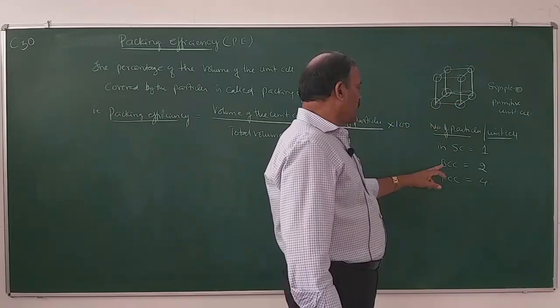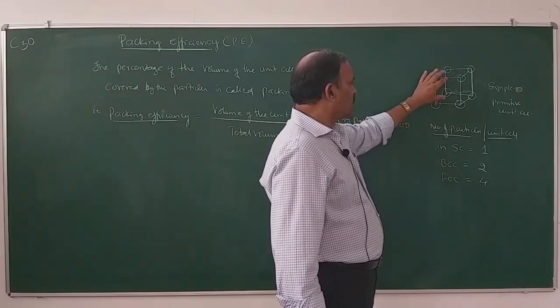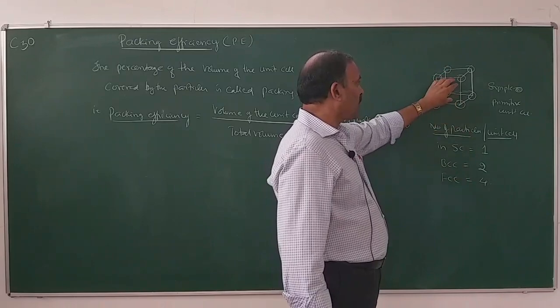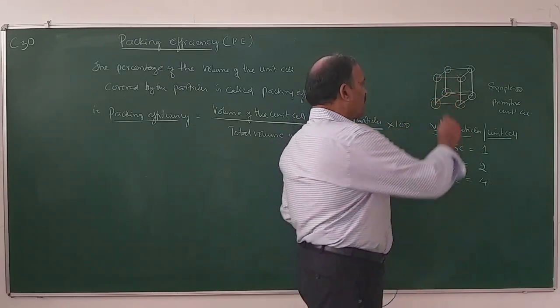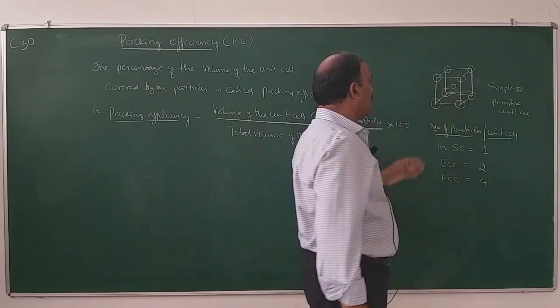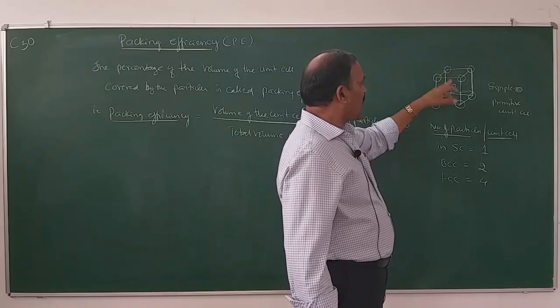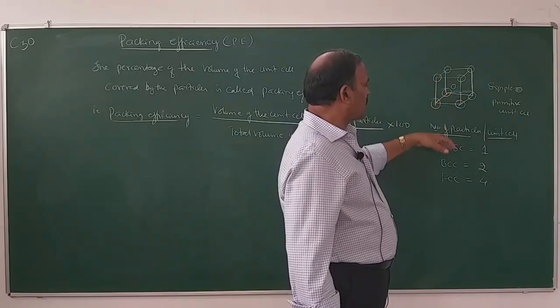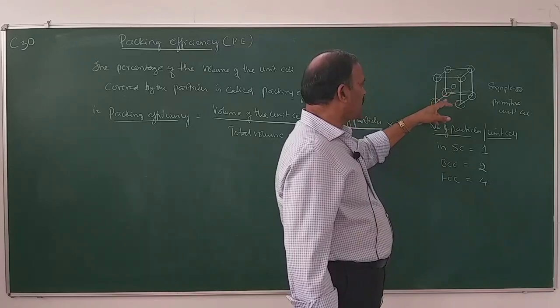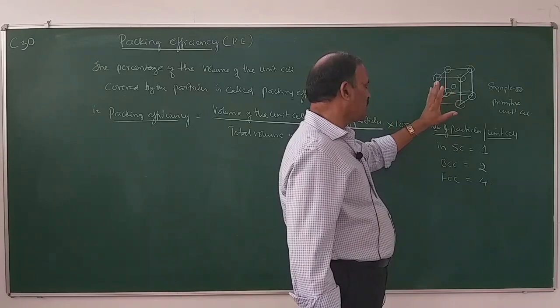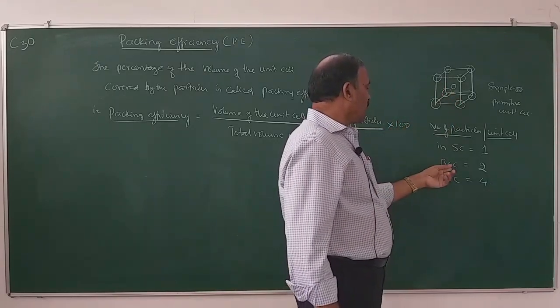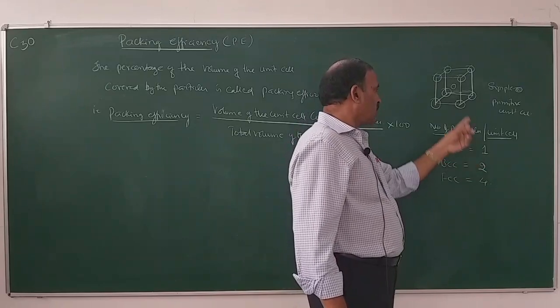The space occupied by one particle divided by the total space of the unit cell into 100 gives packing efficiency in simple cube. In BCC, the space occupied by two particles: one particle at the center, and out of 8 corner particles, what is the contribution by the corner particles? 1 by 8 into 8 equals 1. So in BCC, the total number of particles equals 2.